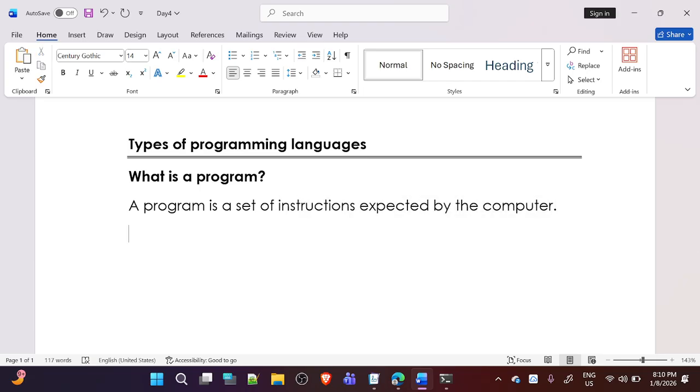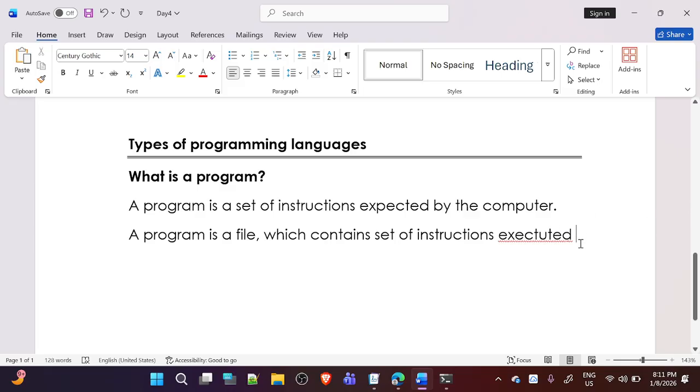Right? Okay. A program is a file which contains a set of instructions executed by the computer to perform some operations. So the computer executes those instructions.